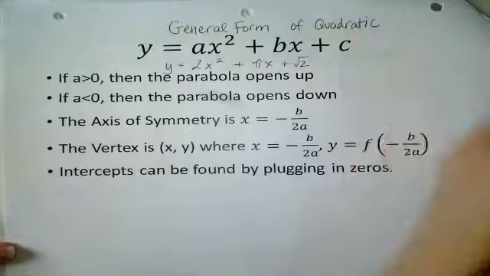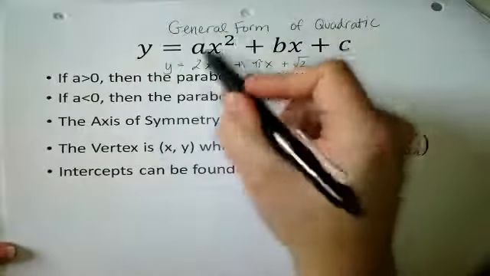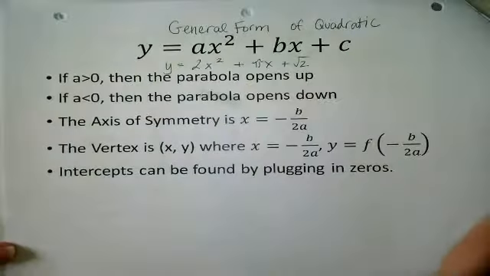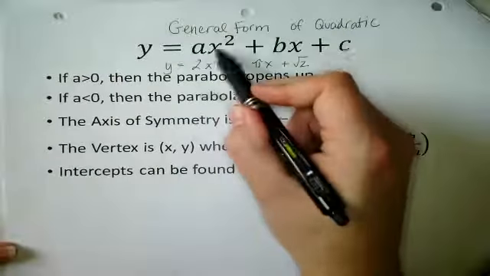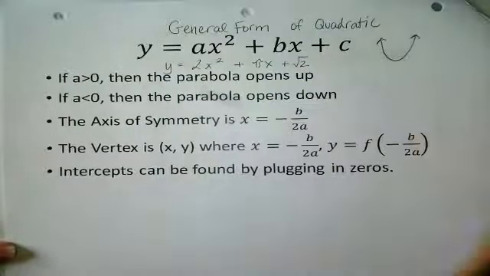And I hope that you know that anything that has the shape x squared, so that highest power really tells us the most information. Anything with an x squared has that shape of a parabola, which is that U shape.